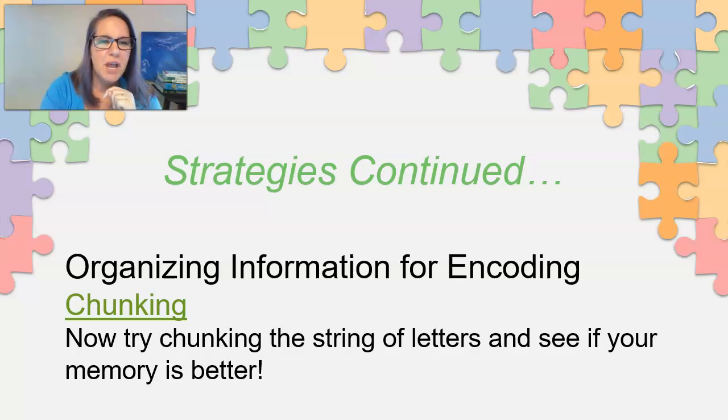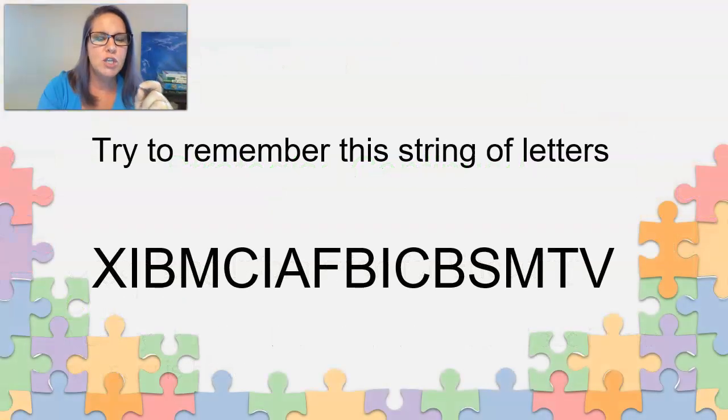So here's another strategy that you can use to help you with that string of letters. Chunking, okay? Now try chunking the string of letters and see if your memory is better. So chunking is putting things into small groups. So again, if you look at our letters here, we have the letter X, and then we have IBM, CIA, FBI, CBS, MTV.